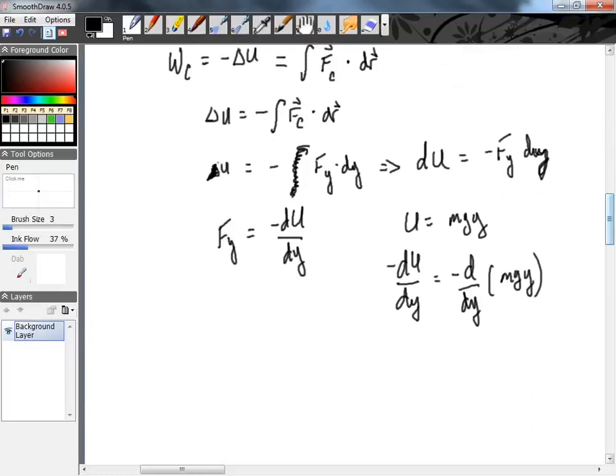This is one of the easiest derivatives you're ever going to do, because in d/dy of mgy, m and g are constants, and y vanishes to 1 when we take the derivative. So negative dU/dy equals the force in the y direction, which is going to equal negative mg, which is our force of gravity.